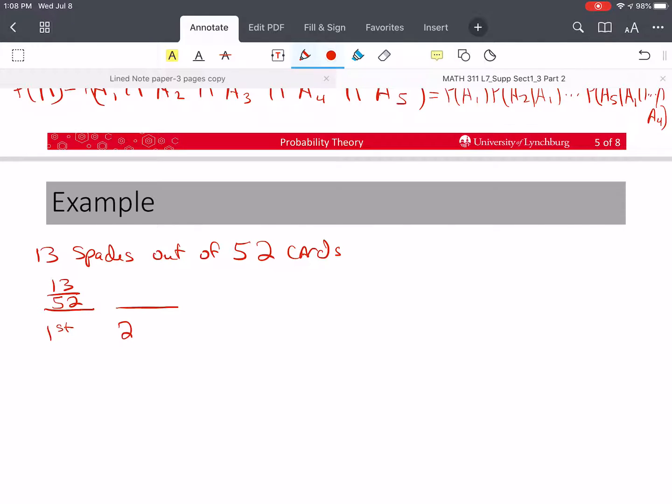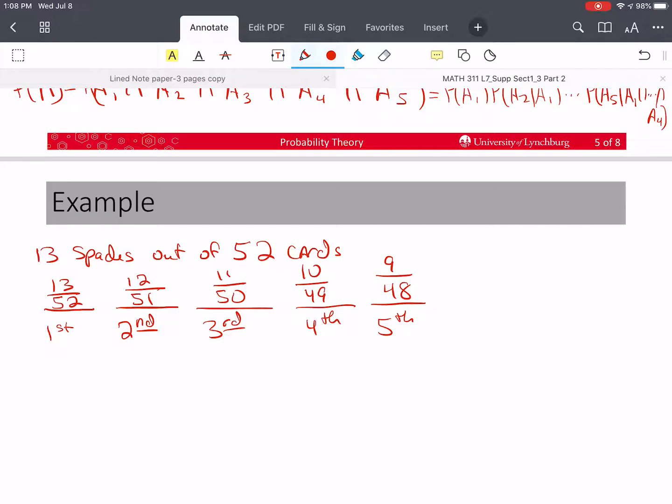So with the second draw, I now have 12 spades out of only 51 because I drew one in the first one. The third time, I now have 11 cards out of 50. And the fourth one, I have 10 cards out of 49. And for the fifth draw, I would have 9 out of 48. And so this is going to be the probability of A.